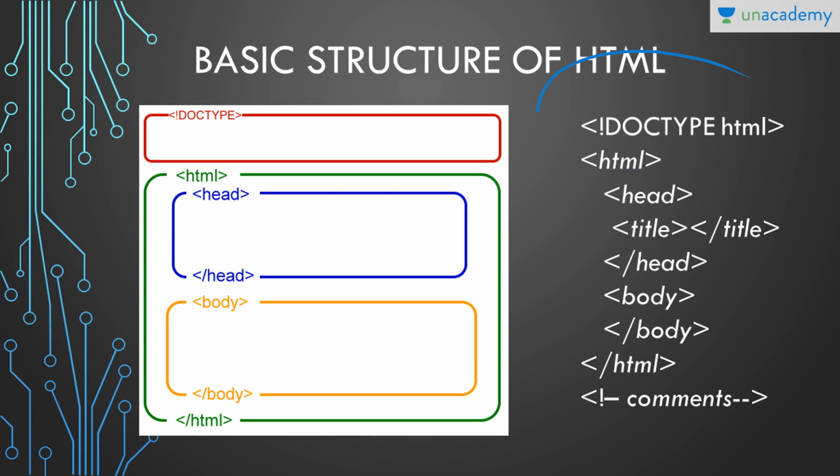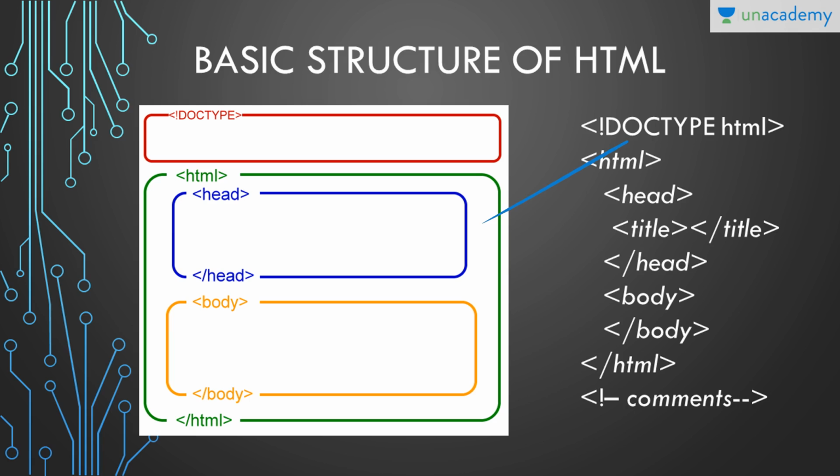The doctype HTML is used for the HTML5 version, right? The main HTML coding starts from the root element, which is the HTML opening and HTML closing tag. So for starting your HTML document, you will be writing the opening HTML tag and closing HTML tag, and all other code will come under this section, right?